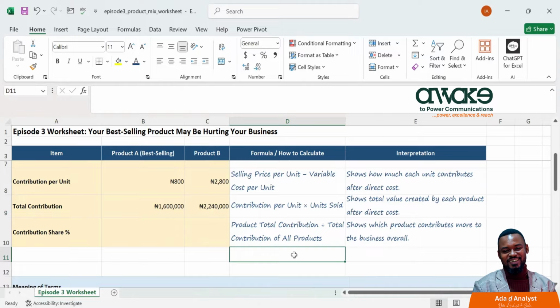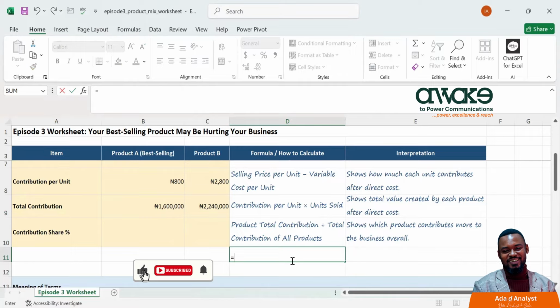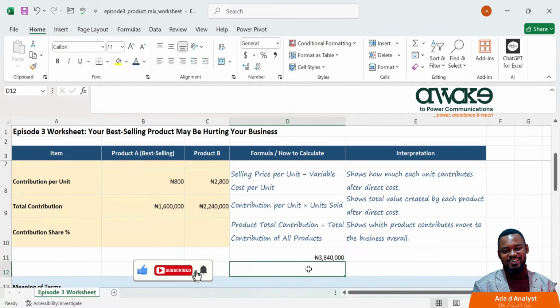So let's calculate it here as equals sum, open parenthesis, we add the contribution for product A and the contribution for product B. It gives us 3.84 million.